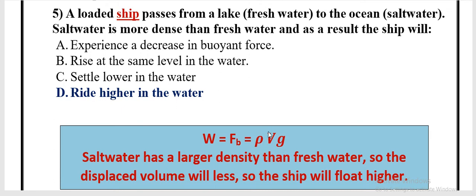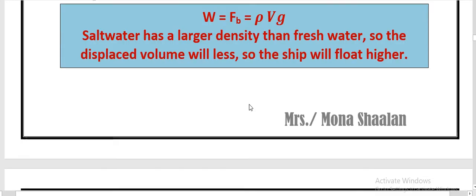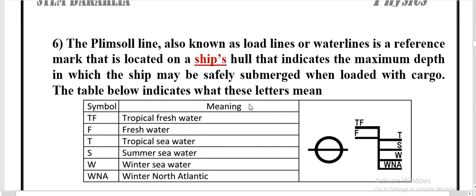Density and volume are inversely proportional, so salt water, which has a larger density, will have a smaller volume. So the ship will ride higher in the water to displace less volume in the seawater than in the fresh water.